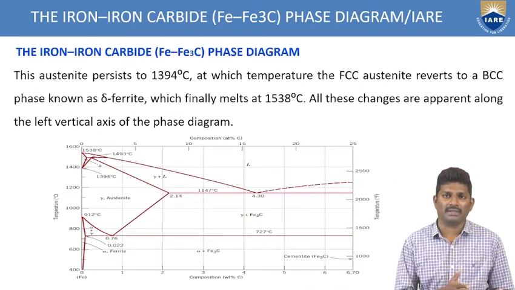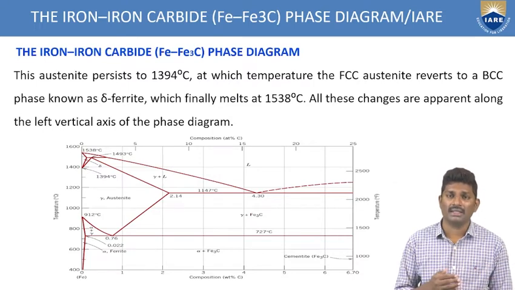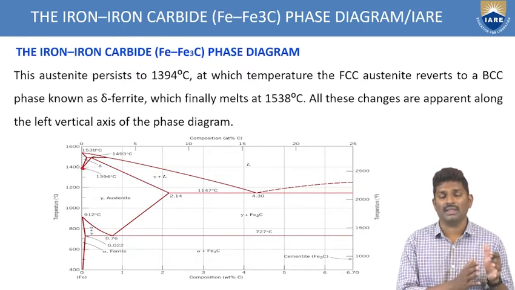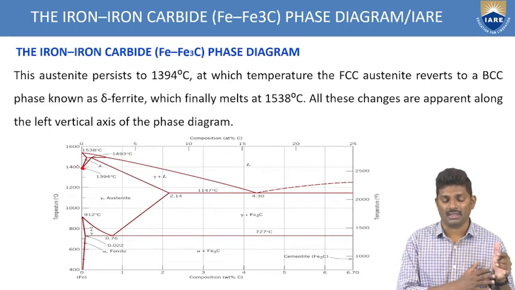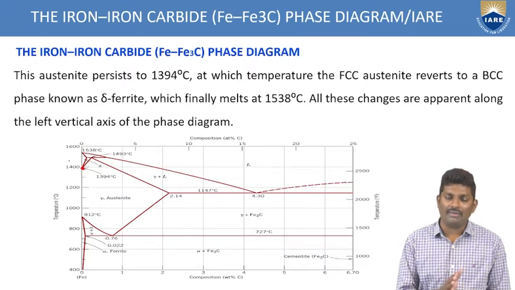Now, after converting from ferrite to austenite, what is happening? The austenite exists up to 1394 degrees centigrade. That is, till this point, you have the FCC structure. Okay, austenite which is having FCC. So, after that, what is happening?